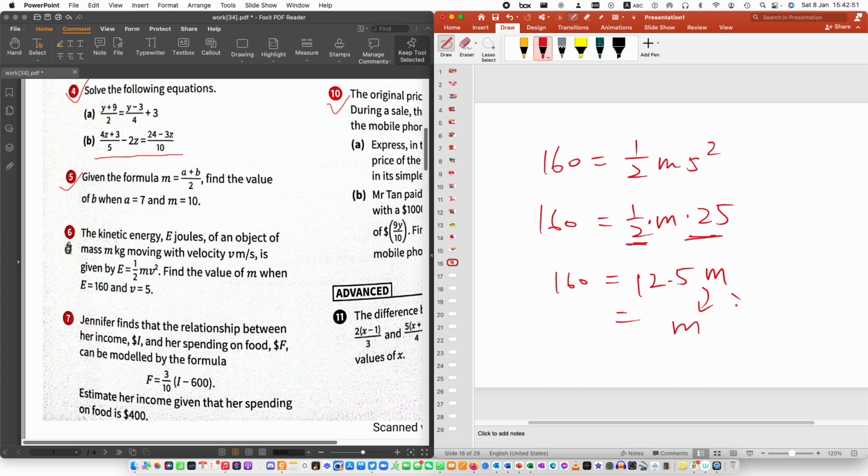Divide by 12.5 on the right, and on the left as well, to make it equal or to balance it. So what's the answer? 12.8. So 160 divided by 12.5 is 12.8. So m is equal to 12.8.